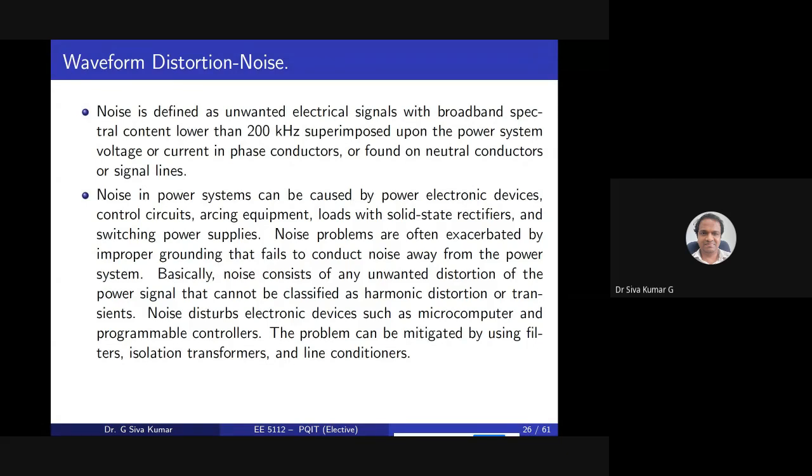Noise disturbs electronic devices such as microcomputers and programmable controllers. The problem can be mitigated using filters and isolation transformers also. With the isolation transformer, there won't be grounding on the secondary side of the transformer when you try to measure a signal.